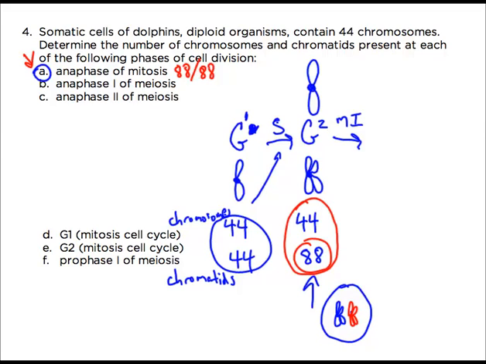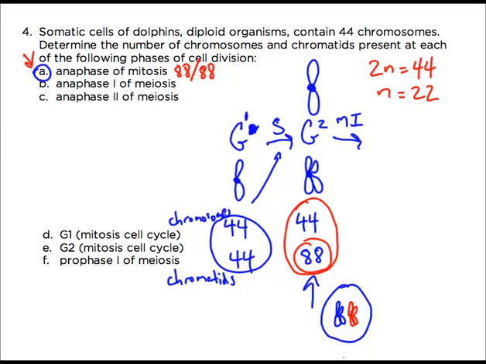So in the case of the dolphin, just to make sure, I probably should have said this at the beginning, it said that this is a diploid organism where 2n equals 44. The haploid number would be 22, right? And the reason I bring that up is that it's not relevant for mitosis, but there are 22 pairs of chromosomes.